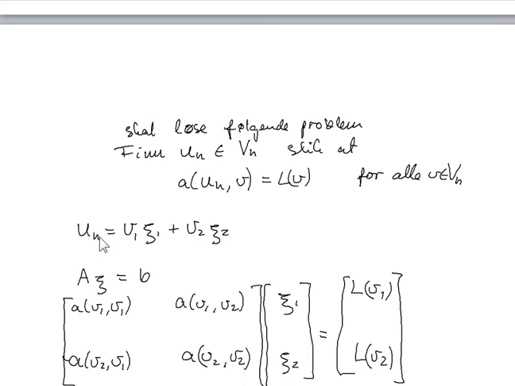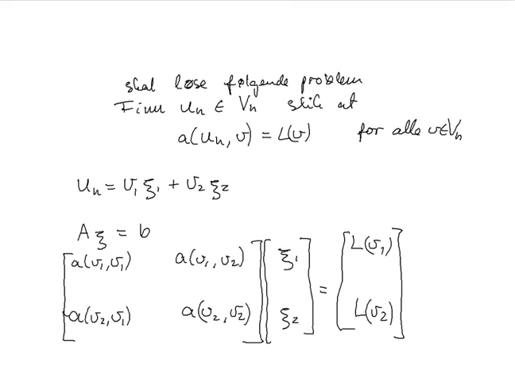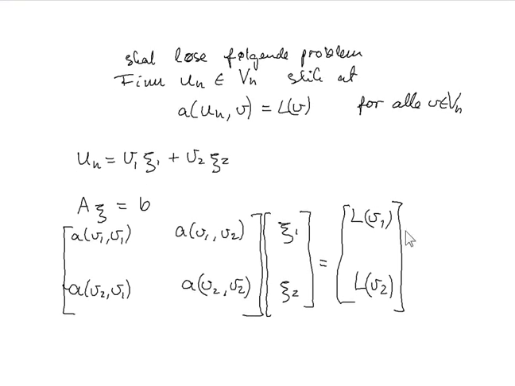Since we are only using two basis functions, any function in this space is of this form: v1 multiplied with some constant real number xi1 plus v2 xi2. And as we learned in the previous lecture, the problem we are going to solve is the following.